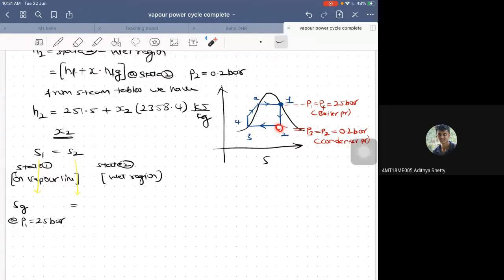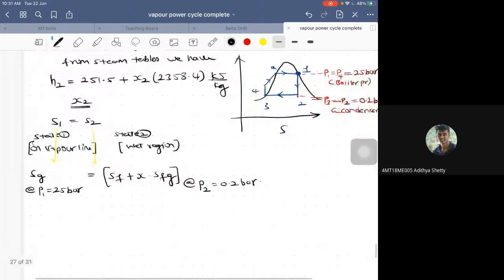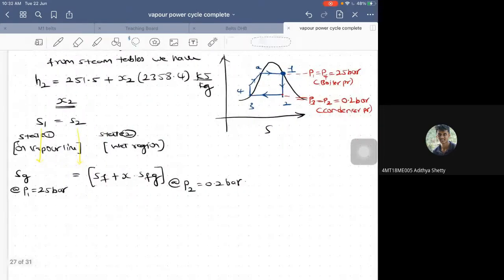So how will you calculate S2? SF plus X into SFG. So all these are at a pressure of P2, which is equal to 0.2 bar. So from steam tables, again, you can write that.